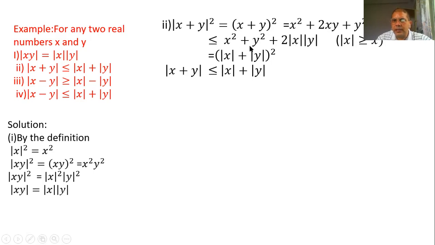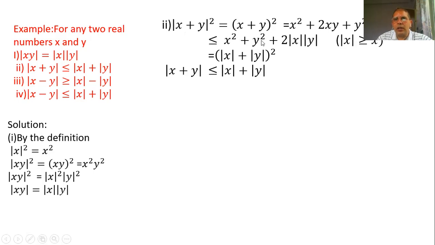So this result is greater than the previous, so you write this sign. Now x square is |x| square and y square is |y| square. You can write |x| square, |y| square, and plus 2ab, then a plus b whole square form. So it is (|x| + |y|) whole square. Then you can write these two, but since this sign is here, the less than or equal sign is here.